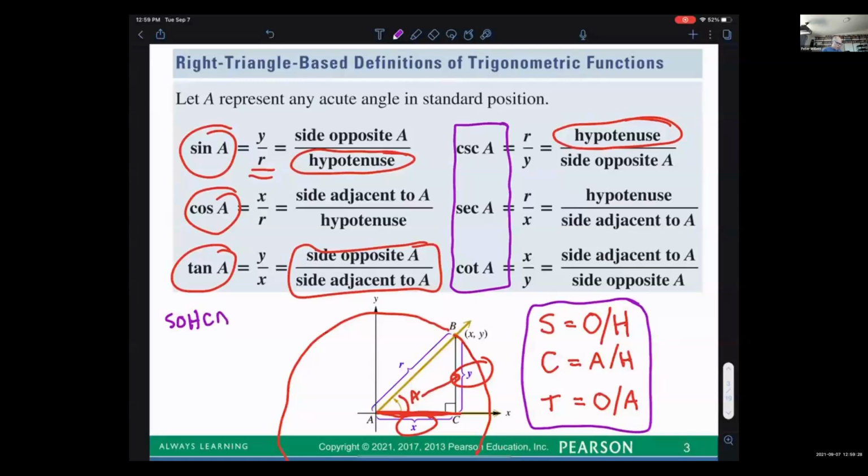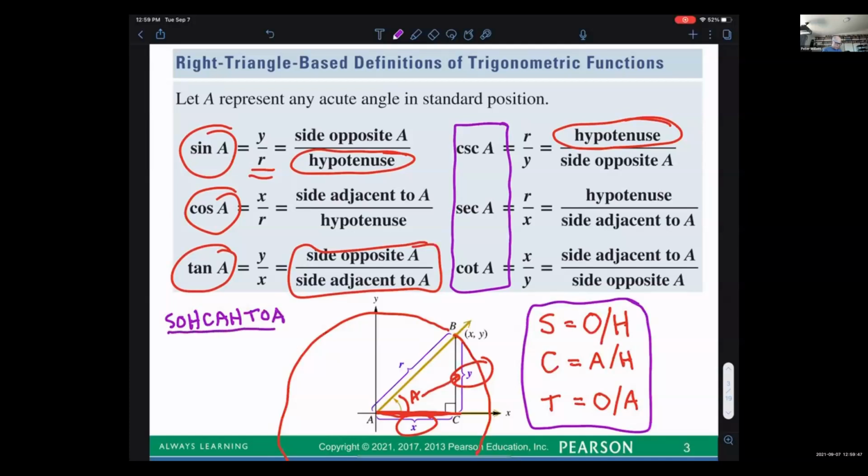CAH, that's that the cosine is the adjacent over the hypotenuse. And then TOA, that's that the tangent is the opposite over the adjacent.